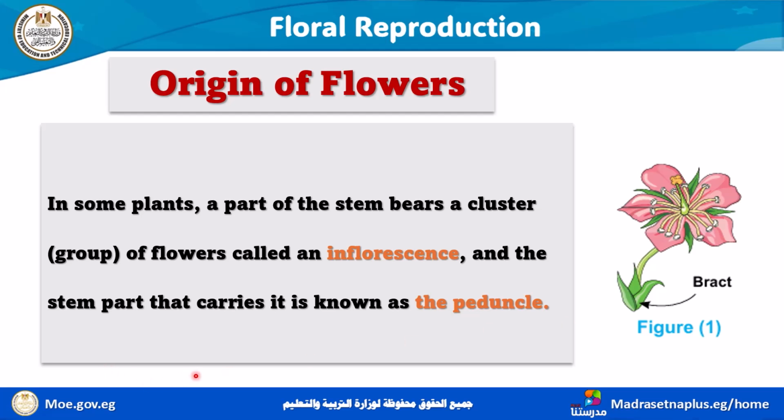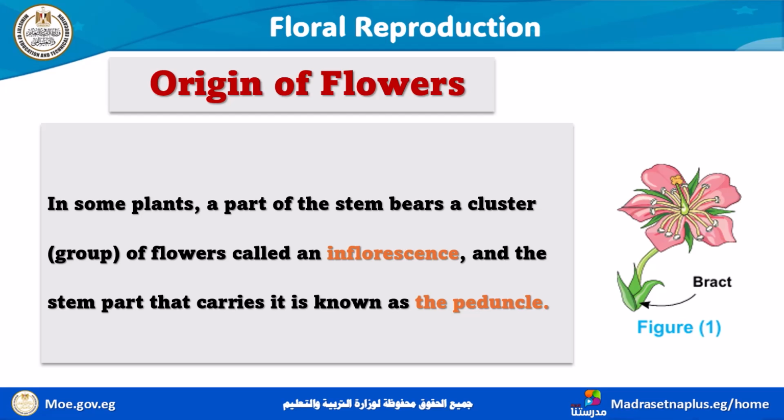In some plants, a part of the stem bears a cluster, which means a group of flowers. This group of flowers is called an inflorescence, and the stem part that carries it is known as the peduncle.